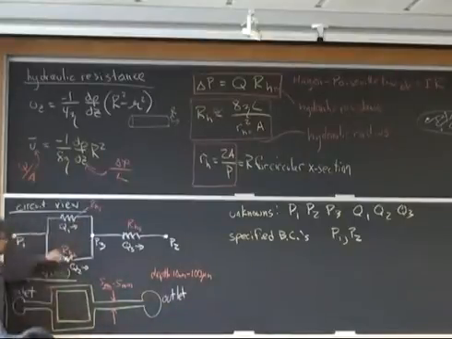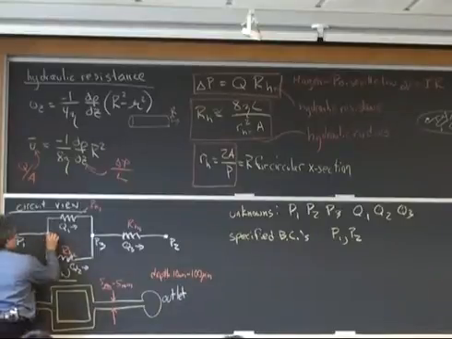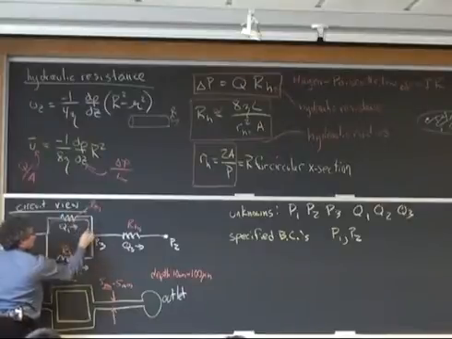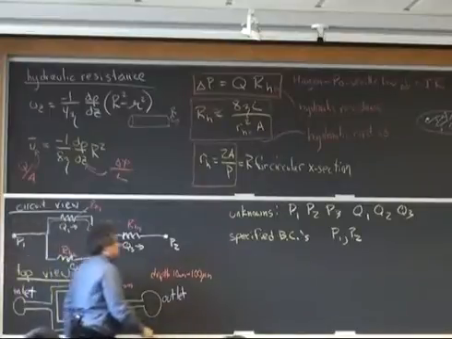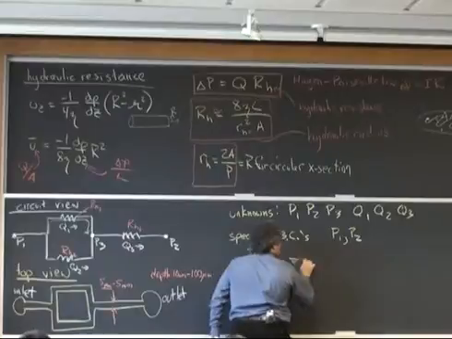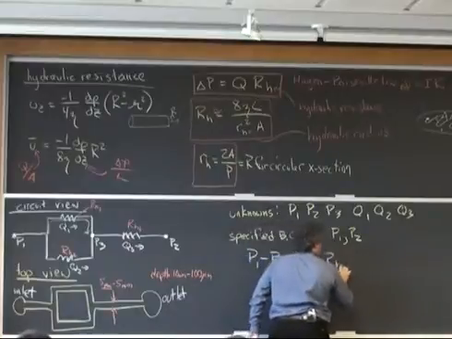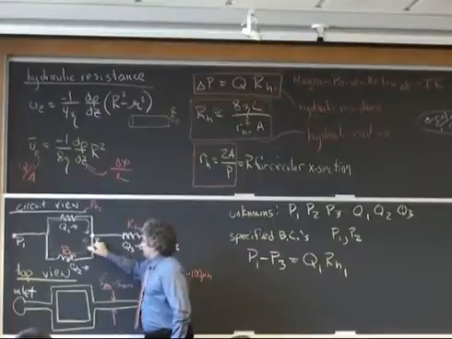Now when I look at this, I have 3 different channels. In each of these channels, I can apply the Hagen-Poiseuille law. And so, for example, through this channel, I can say that the pressure drop is proportional to this flow rate times this resistance. Through this second channel, I can do the same.